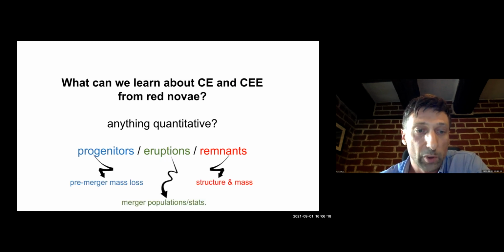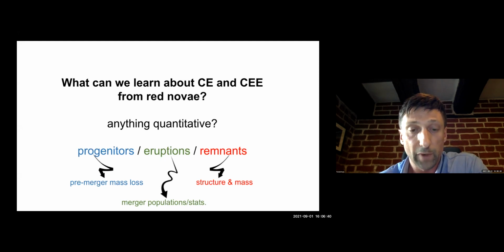When it comes to progenitors, there are only a few objects for which we have any information about the progenitors. But probably the most relevant information we got so far is that there might have been some pre-merger mass loss through the outer Lagrange point, like it is predicted by many simulations.